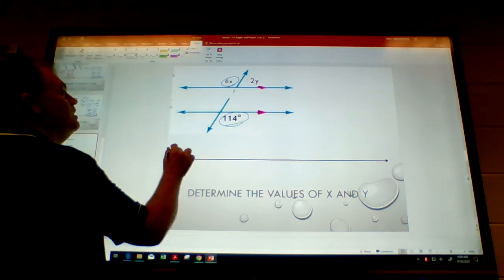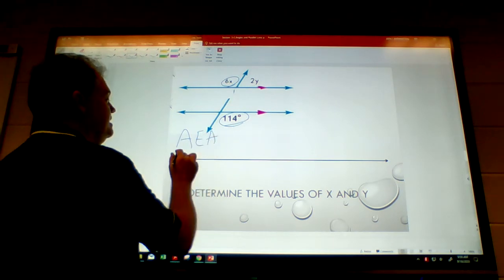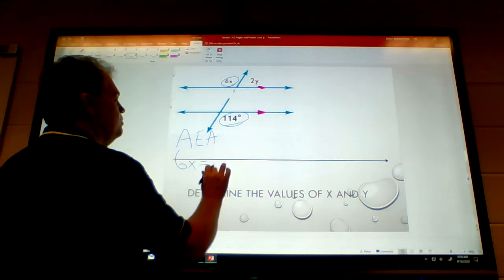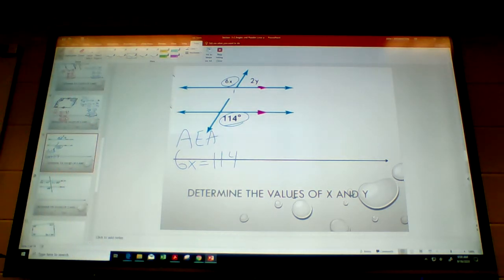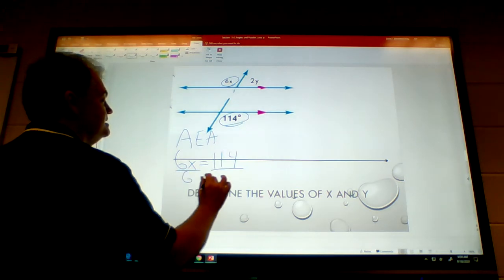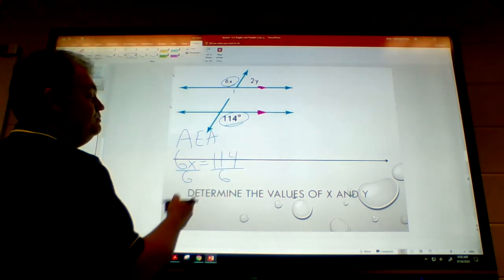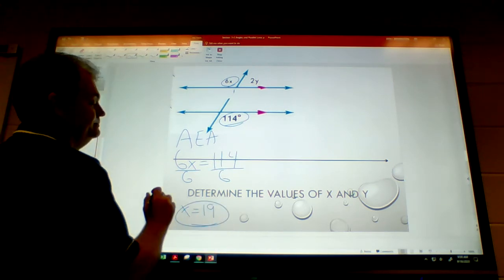Those two angles are alternate exterior angles. So they're congruent. So that means that 6x equals 114. So basically, I'm going to take 6x equals 114. 114 divided by 6, that means that x equals, it ends up being 19.